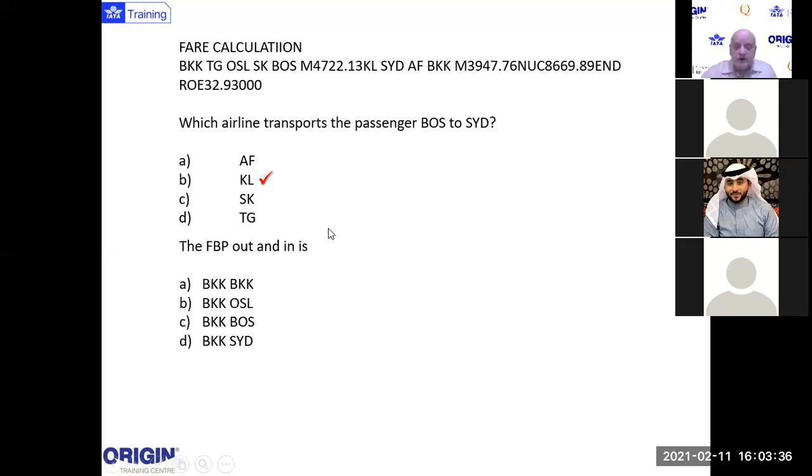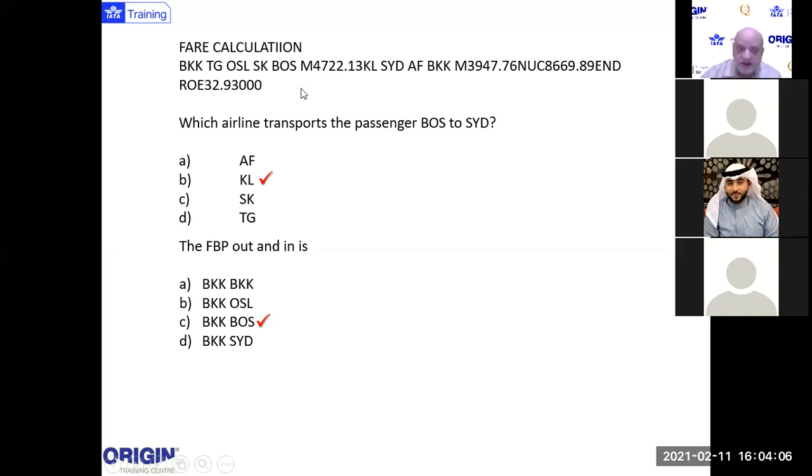The fare break point out and in is Bangkok to where? Where's my fare break point? Is it C? It is definitely C. What you do is from Bangkok, find the number, the total fare.